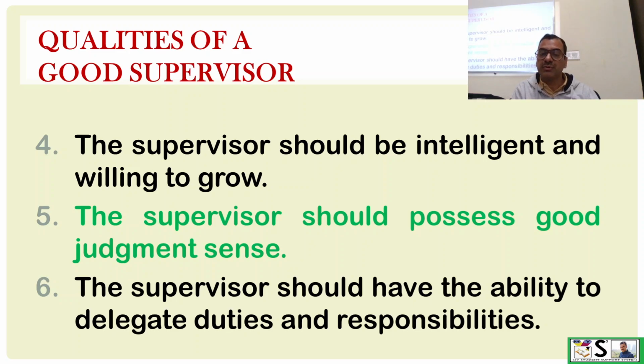Then next quality, the supervisor should have the ability to delegate duties and responsibilities. Because we have a team of workers and each worker has different qualities. So the supervisor should be able to delegate responsibility differently to the different workers, as per their ability, so that they can perform better. This is known as the quality of delegating duties and responsibilities.